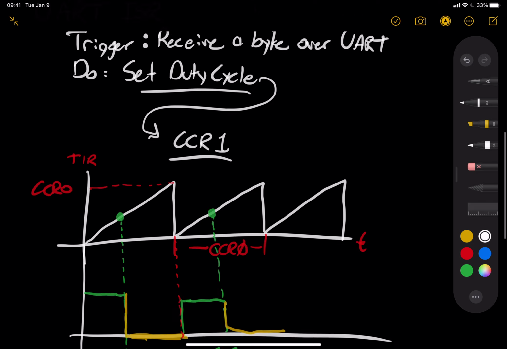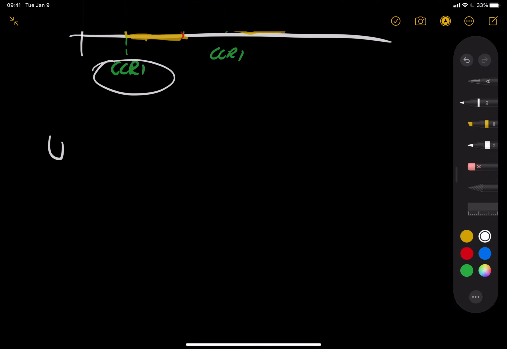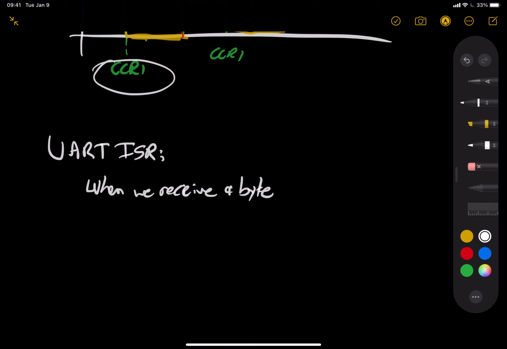So now our interrupt service routine for our UART, the UART ISR, is starting to take form. So let's pseudocode it. You're going to get some crazy code up top, but basically you say when we receive a byte, what we need to do is pick a value. So how are we going to go between 0 and 9? Well, the user is going to give us the characters 0 through 9.